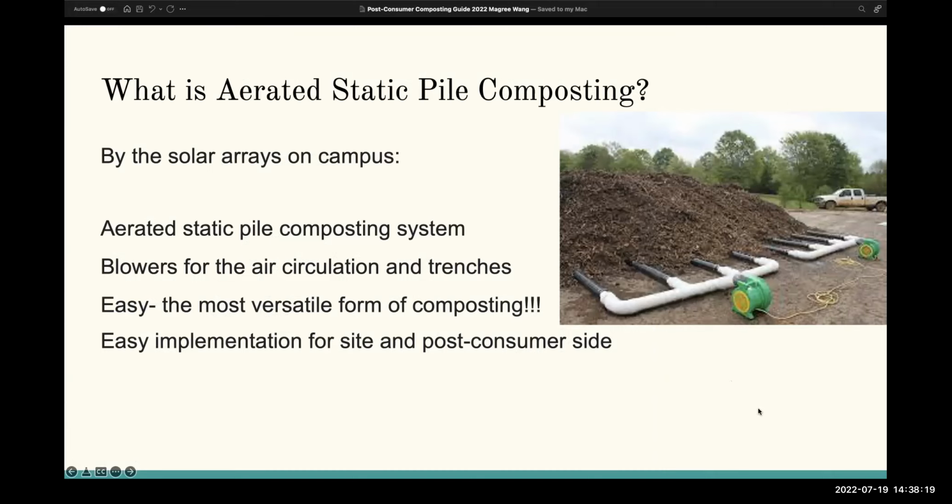Basically we would have blowers to blow air through the composting pile. That would help with maintaining a consistent oxygen level, and also with maintaining the heat. Since this type of composting is less labor intensive and not too expensive, and can generate a large amount of compost, RIT is already in the process of implementing this.